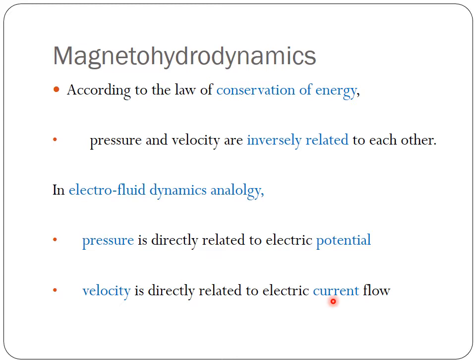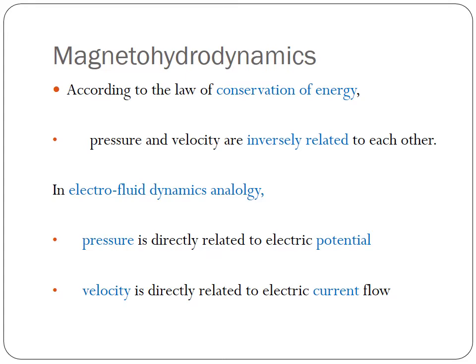As you can see in the power transformer, the power is constant, and based on that the voltage and current will be mutually coupled to each other. If voltage is high, the current will be low. If the voltage is low, the current will be high. So based on that analogy, the pressure and the velocity will be related according to energy conservation. So the previous continuity equation can be modified by incorporating the pressure term.